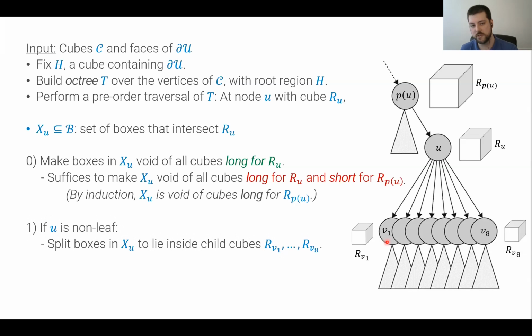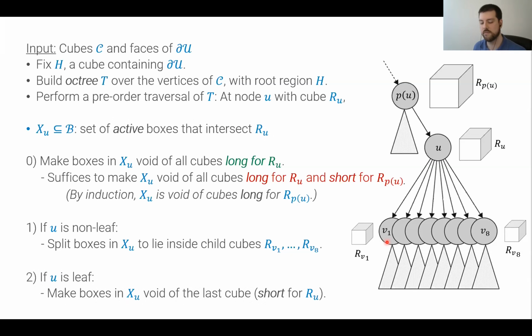After we make XU void of what is long, we then have to do some simple cuts just to make the boxes in XU fit in the child cubes. This is a straightforward process, being that there are 8 children.